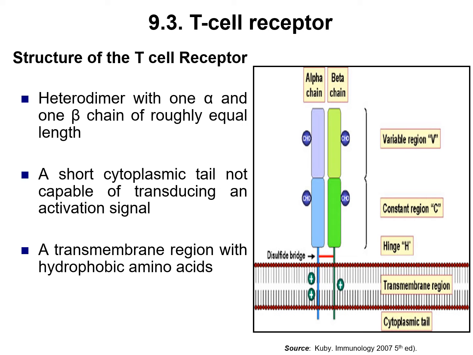The tail is usually attached directly to the cell membrane, and it's made up of hydrophobic amino acids. There is also a hinge in between that allows the connection of the dimer to the tail.